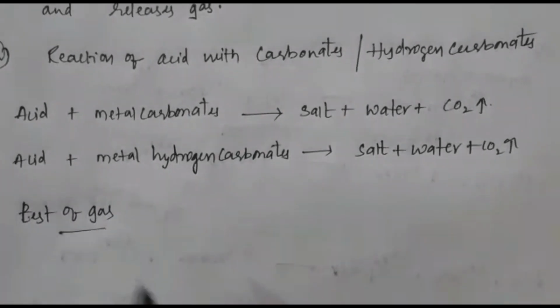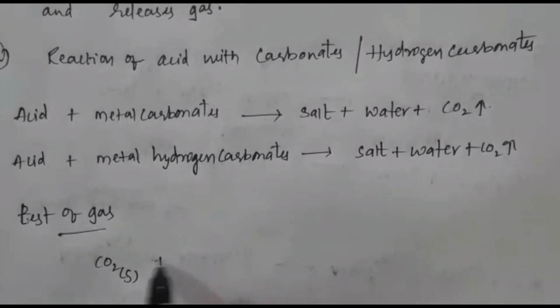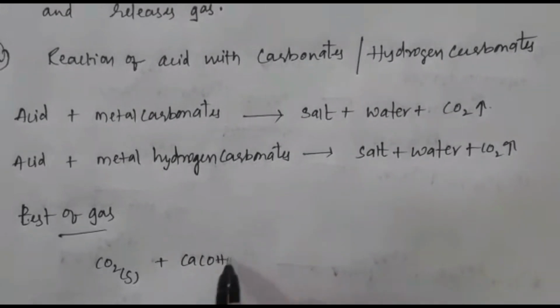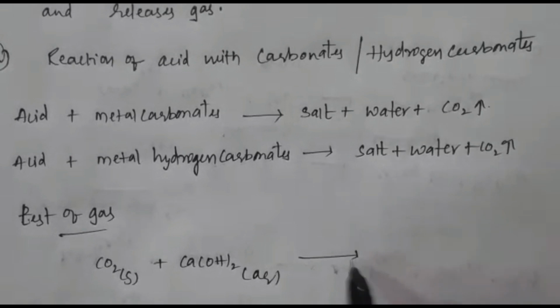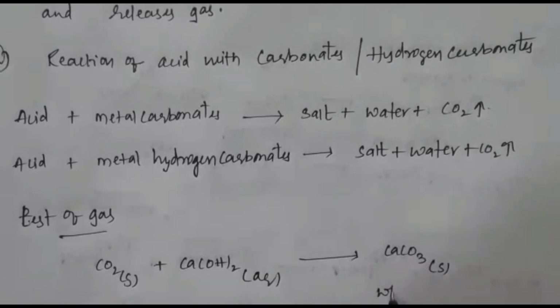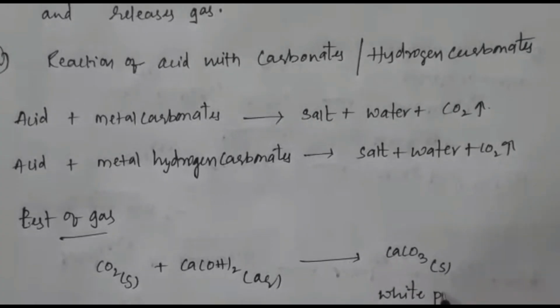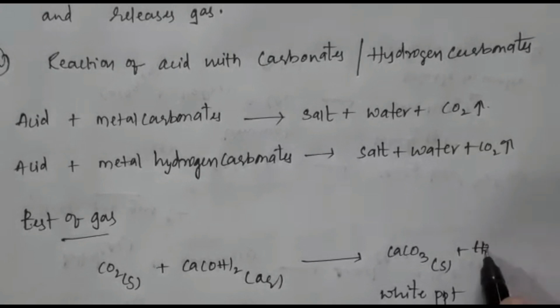The gas which is released is carbon dioxide, so how do we test it? Pass that gas so produced into lime water, the calcium hydroxide. It forms a white precipitate called calcium carbonate. So by the formation of the white precipitate we can confirm that the gas is carbon dioxide.